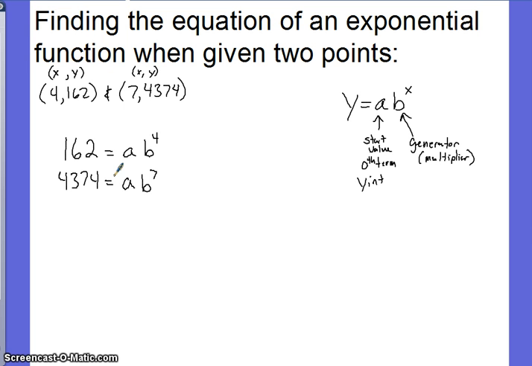So now we have to find a way of solving for a and b. Well, I can rewrite this equation by dividing by b to the 4th on both sides, and I get 162 over b to the 4th is equal to a.